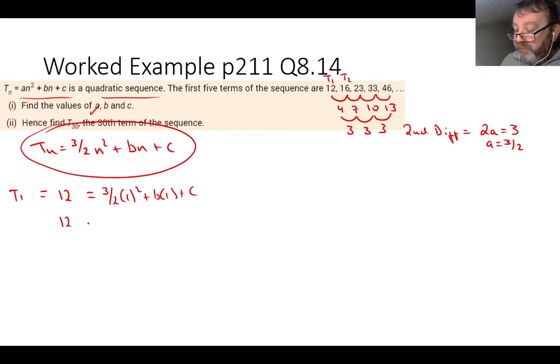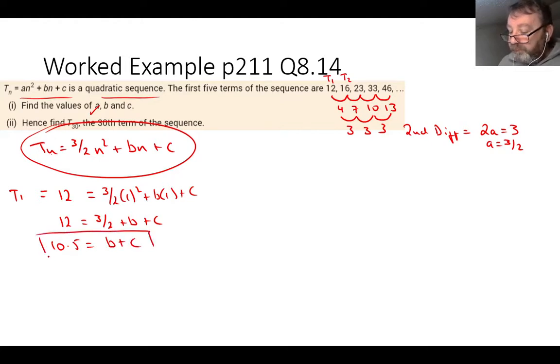So I get 12 equals 3 over 2 plus b plus c. There's my first equation. Now you can subtract 3 over 2 from both sides, and you'll end up getting 10.5 is equal to b plus c.